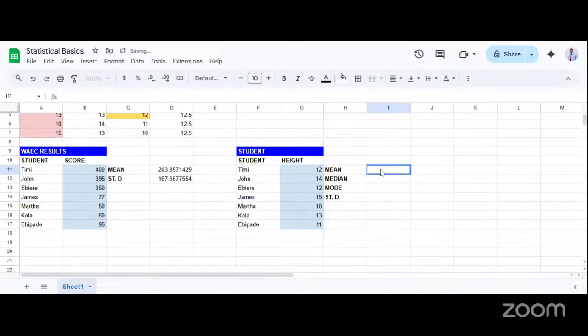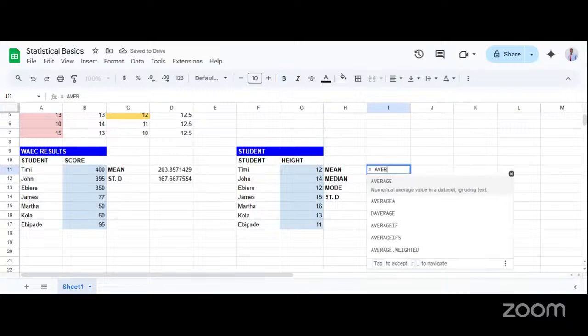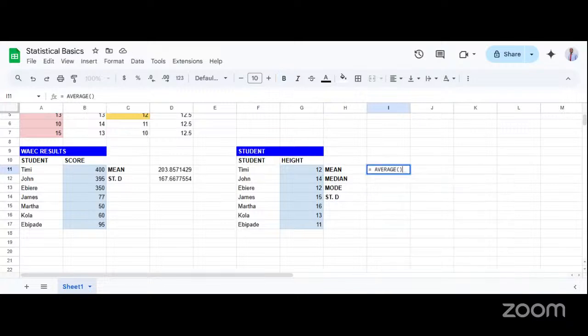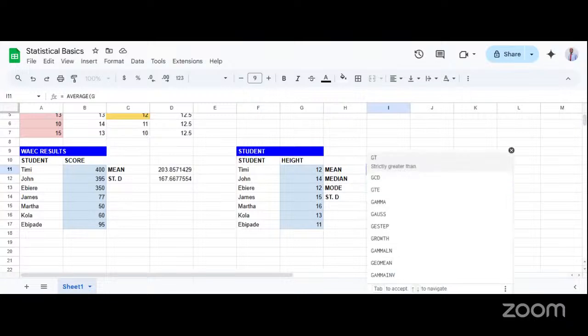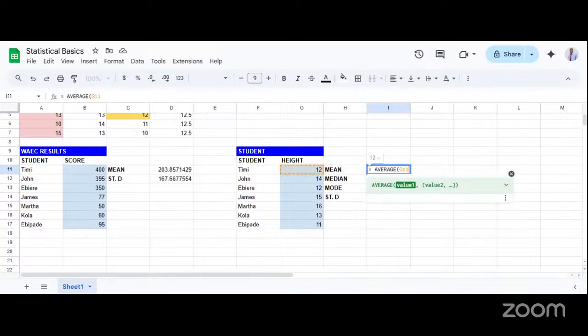For mean, take notes, the formula for mean is written as average, because mean and average are the same. Most times people know mean as average, but it's representing the same thing. So G11 to G17.